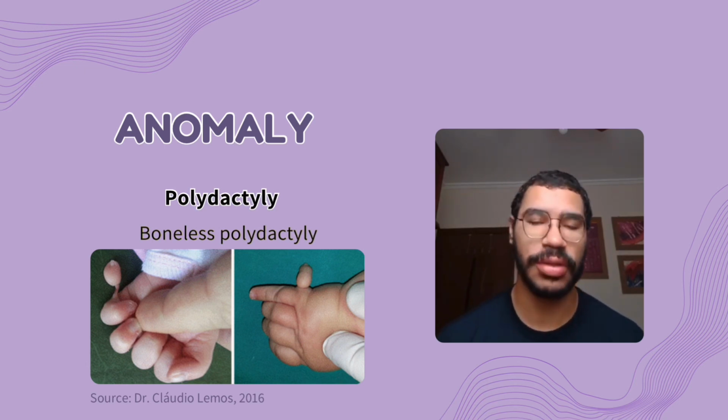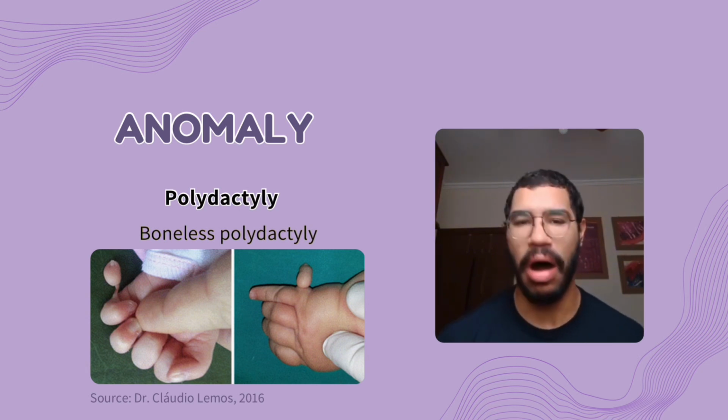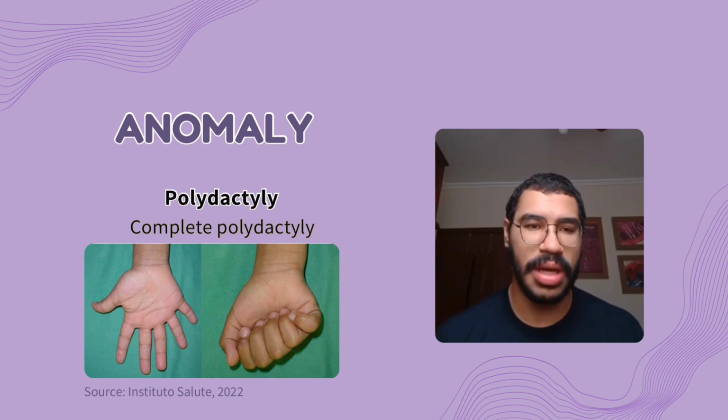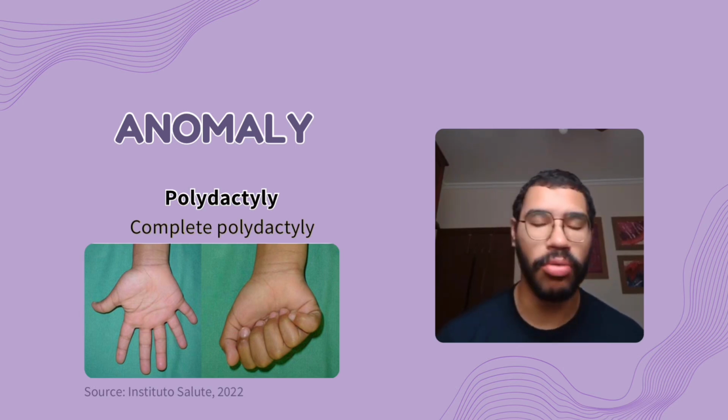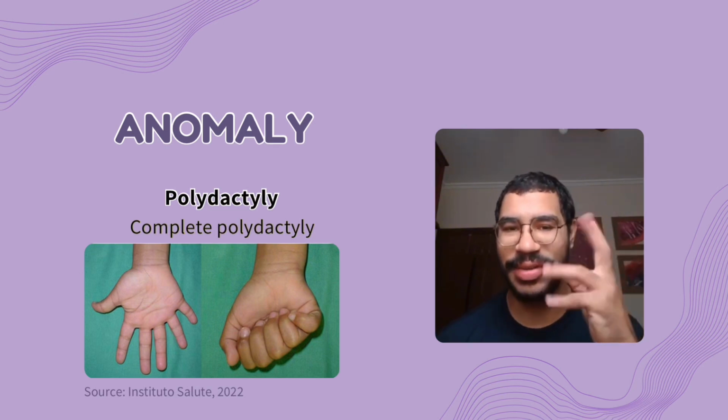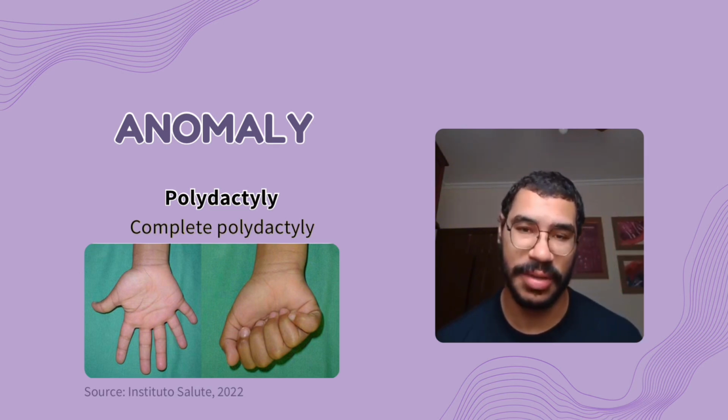There will be no function of this finger, also no harm. But this finger can be a complete finger with bones and joints, therefore a regular finger like the ones we have here. So there will be functionality.